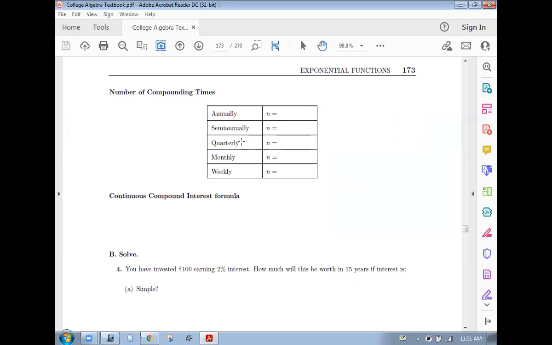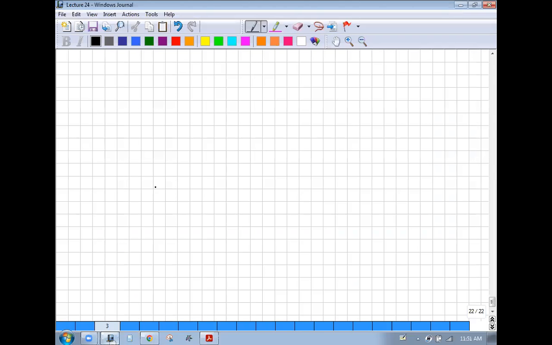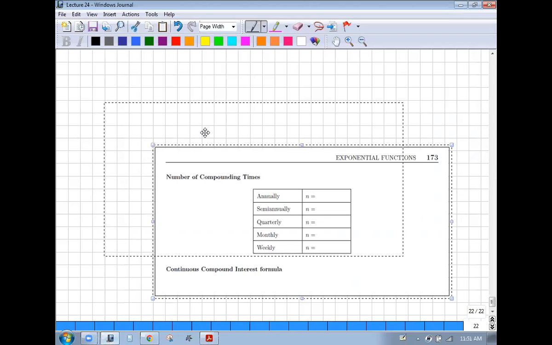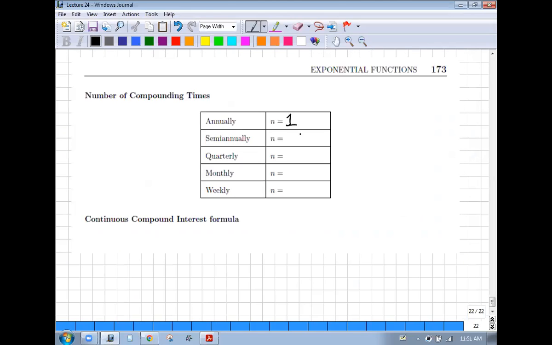All right, so a little bit of vocabulary. Annually, n is 1. That means you compound interest once a year. Semi-annually, that means you're compounding every 6 months. Quarterly, that means 4 times a year, or every 3 months. Monthly, n is 12. Weekly, n would be 52.